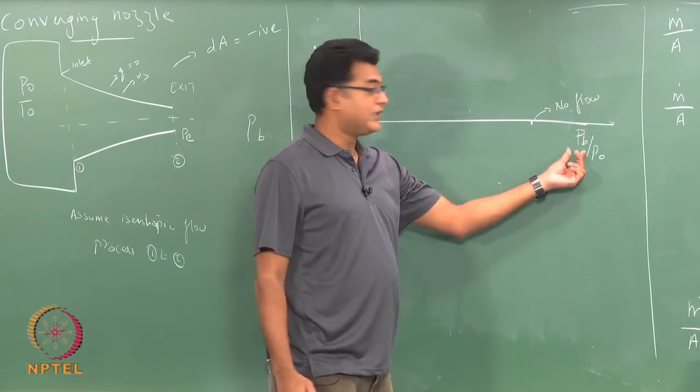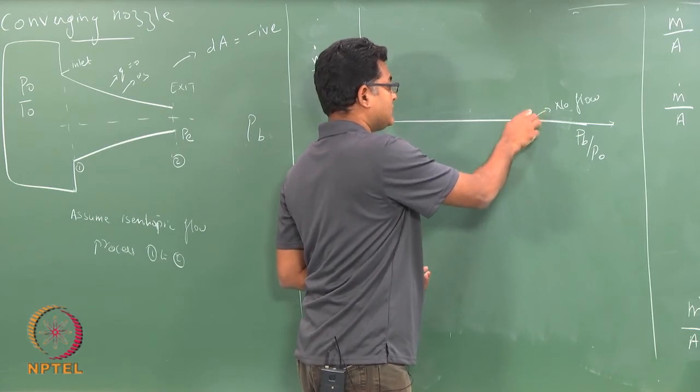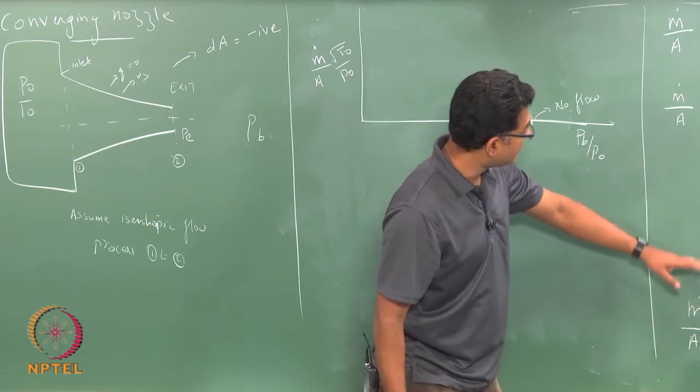When PB is reduced, you will get a mass flow rate according to this equation which we have just now derived.